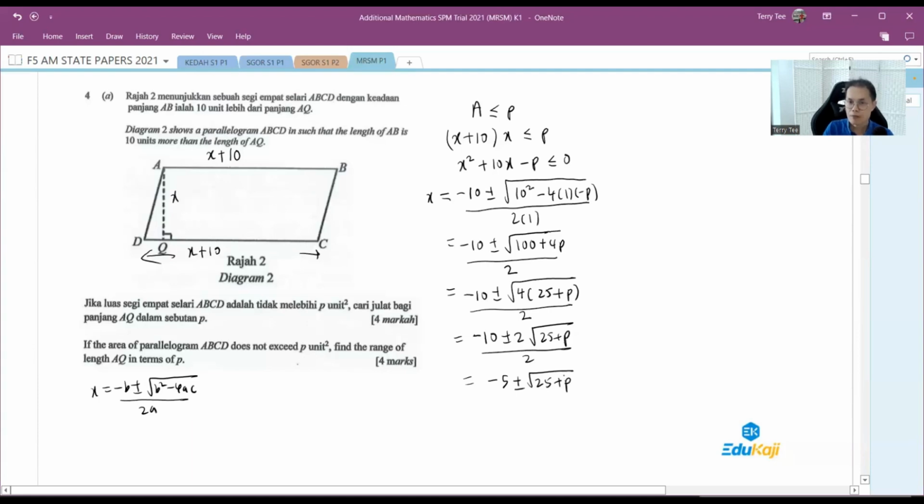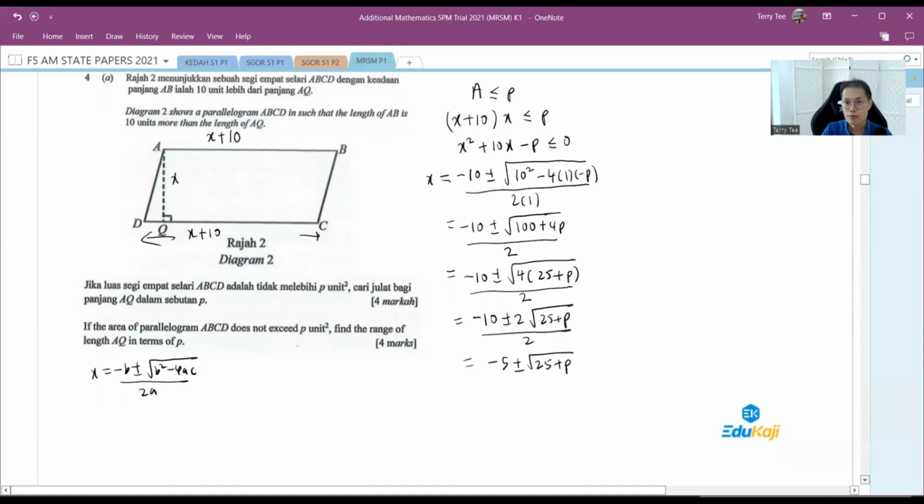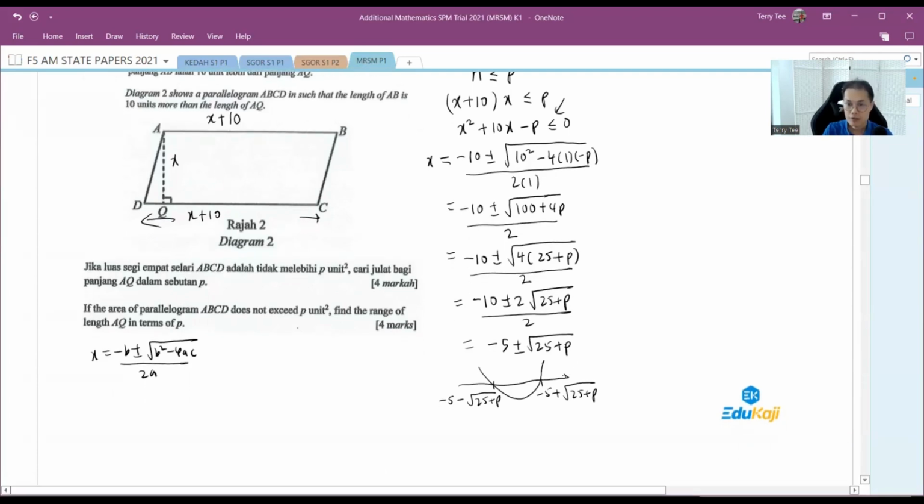Okay, from here, remember this is a quadratic inequality. So for a quadratic inequality, we have to sketch the graph. The roots of this inequality, as you can see, one is negative 5 minus the square root of 25 plus P, and another is negative 5 plus the square root of 25 plus P. Since this expression is less than or equal to 0, we have to shade the region below.